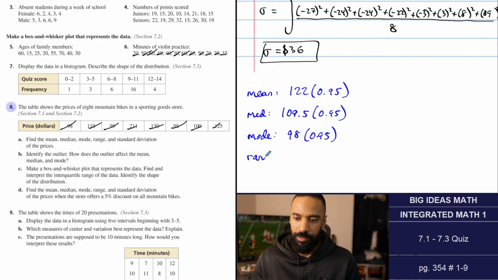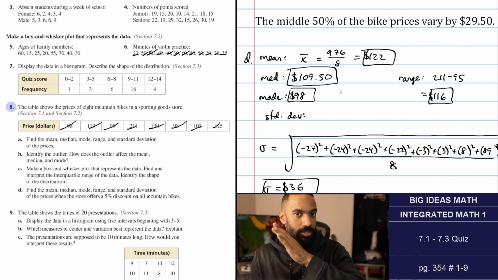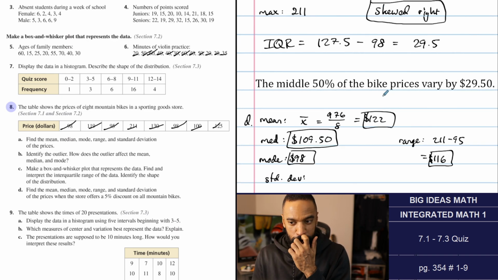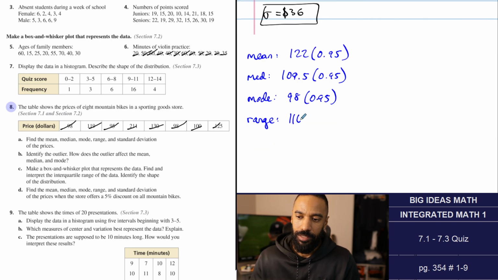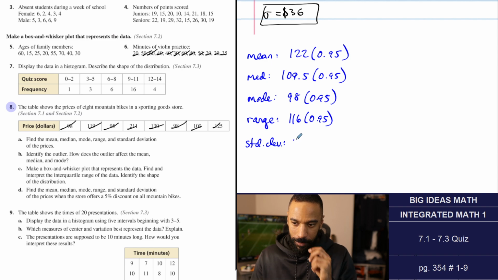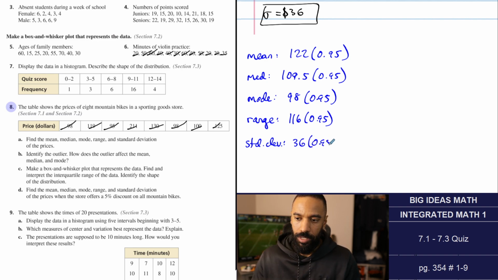The range, 95% of the top, 95% of the bottom, and subtract them. You'll just take 95% of that range. 95% of 116. And then 95% of your standard deviation, which is 36 times 95.